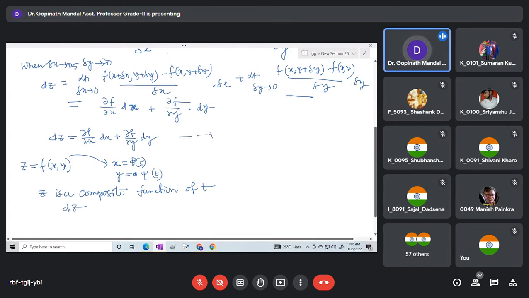By using this equation, dz by dt will be equal to del z del x into dx by dt plus del z del y dy by dt, or you can write del f by del x dx dt plus del f by del y dy dt.